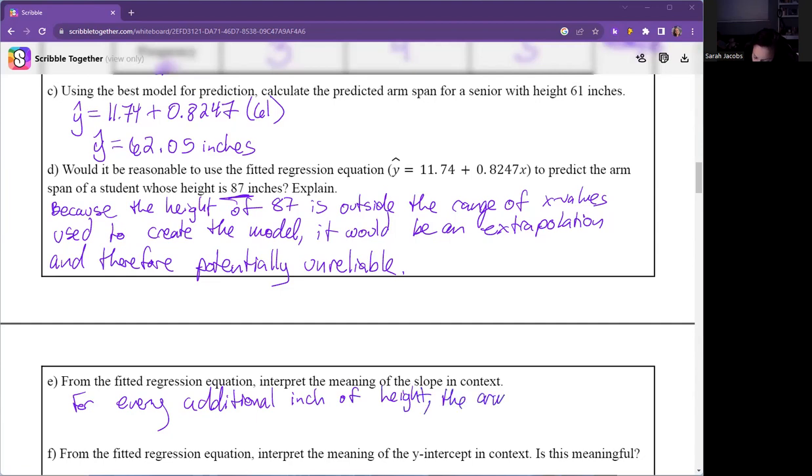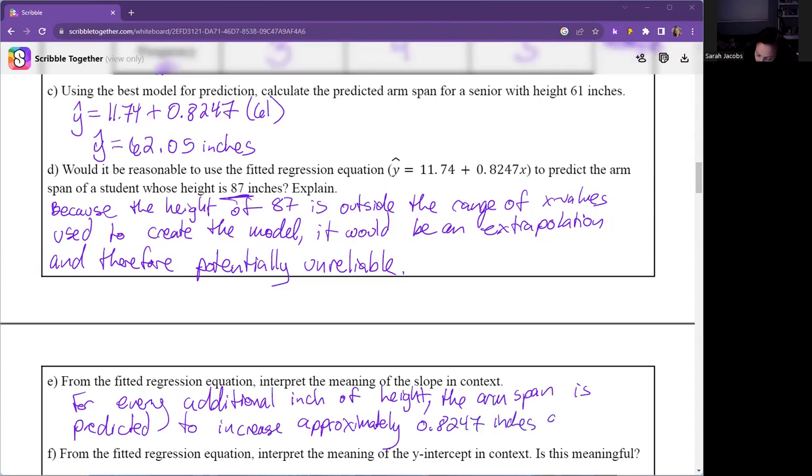The arm span is predicted to increase approximately 0.8247 inches on average.